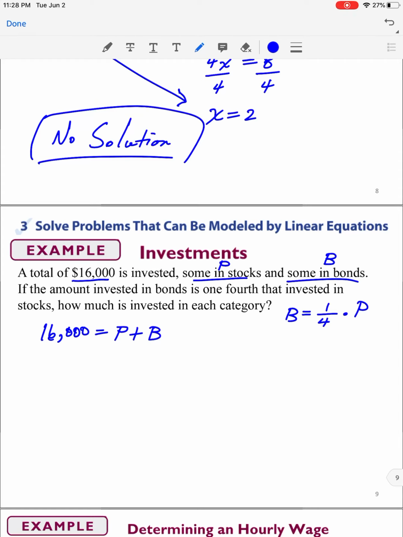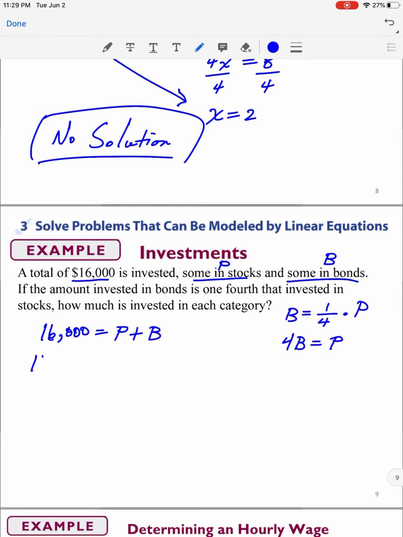In this total layout, we have two variables. What we're going to do is substitute in one of these variables. But here's a little trick. I want to get rid of this fraction over here, so I'm just going to multiply each side by 4. So I have 4b equals p. So p is equal 4 times bonds.